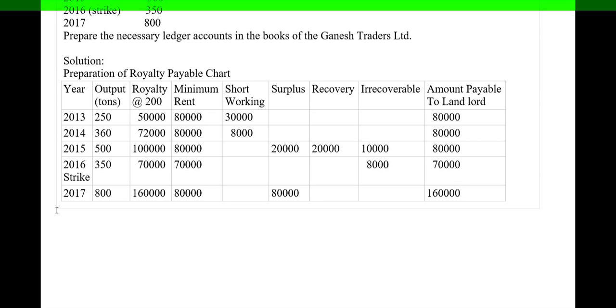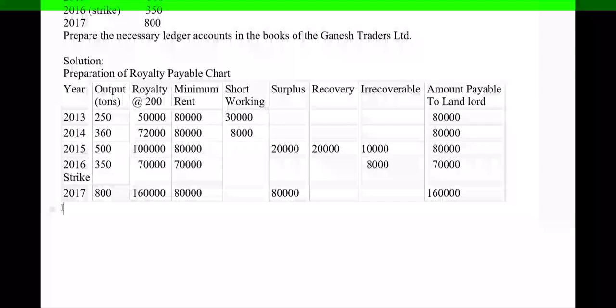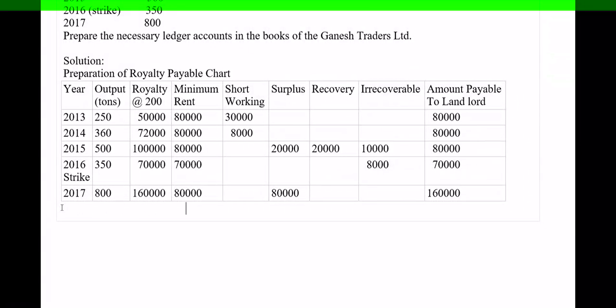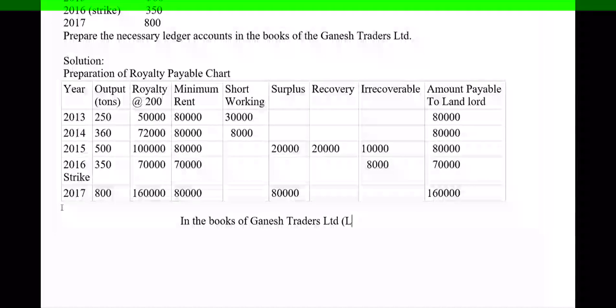So the next one, we need to prepare the necessary accounts. So let us write down here in the books of Ganesh Traders Limited, in brackets lessee.